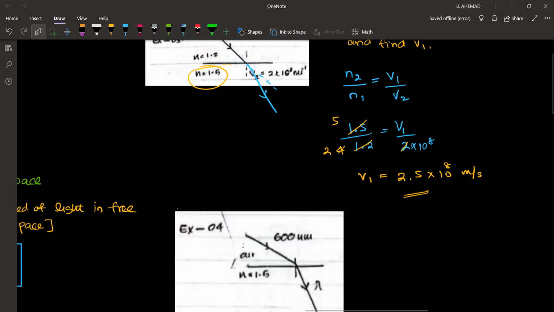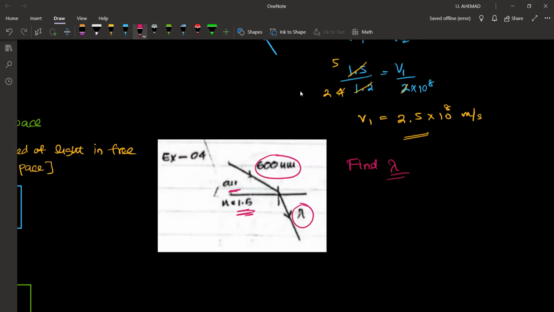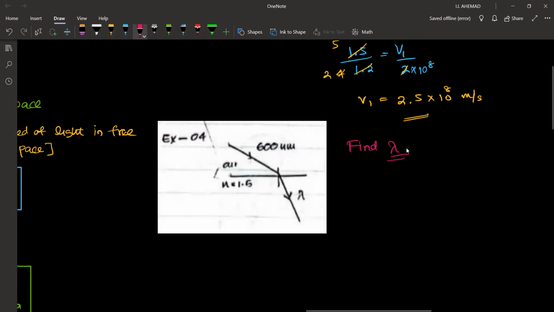The next example. The refractive index is 1.5. This is air. And here the wavelength is 600 nanometer. And you have to find what is lambda. So don't use the equation we derived for lambda. Go from the general equation. N is equal to the ratio of the velocities.